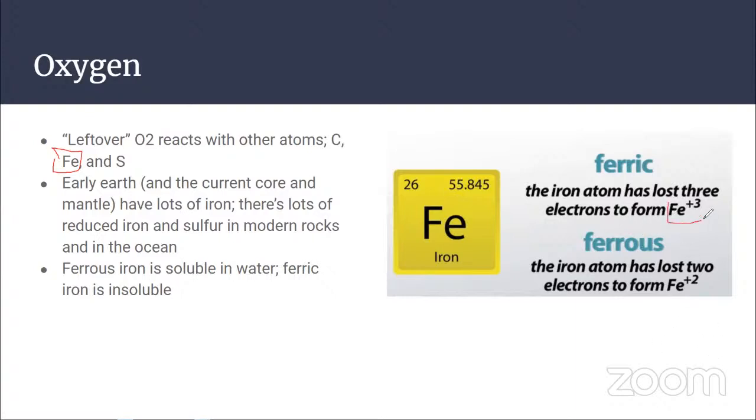Ferric iron is Fe+3, ferrous iron is Fe+2. So that's the difference between those two. The fact that some of this iron in certain forms dissolves in water and some of it doesn't is going to help us look at oxygen when we look at the reactions we would expect between iron and oxygen.